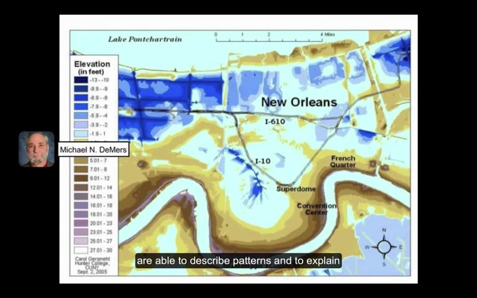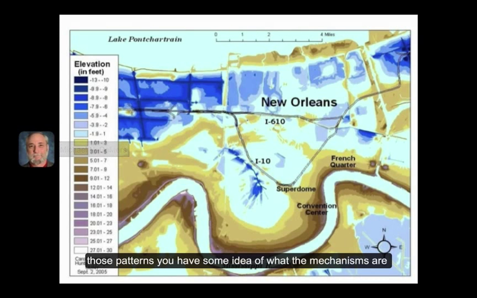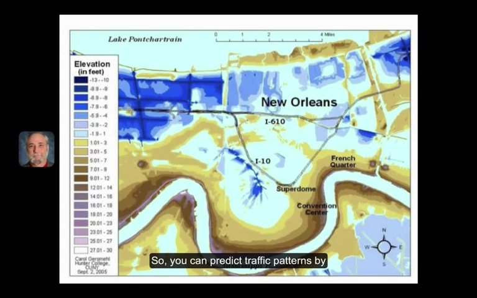Now, if you are able to describe patterns and to explain those patterns, you have some idea of what the mechanisms are behind the patterns. That gives you some serious power. In this particular case, it gives you the power to predict future patterns. In this slide, we see New Orleans, and it was literally a prediction of where the floods would occur. This, by the way, was created about 4 months before the storm ever happened.